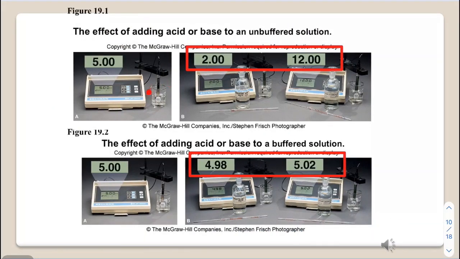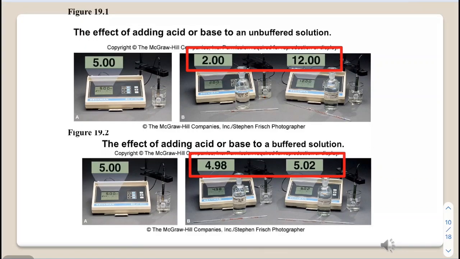Look at the solution in a beaker. This is an unbuffered solution. When we measure the pH of this solution, we observe that the pH is 5. After the addition of a small amount of strong acid, suddenly the pH of this solution dropped to 2.